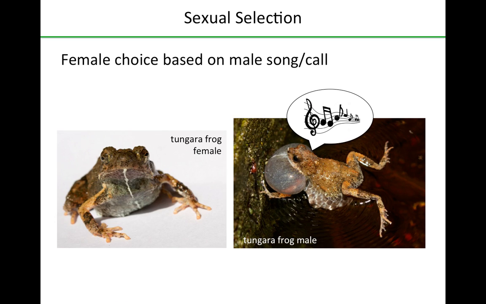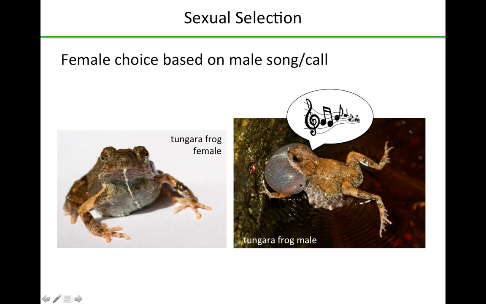Okay, and the other thing that we saw in the video with the birds, and that we also see with frogs, is that females can also use songs or calls that males perform in order to choose their mate. The Smithsonian article that I had you read for today's class was on the Tungara frog. This is a picture of the female over here on the left, and then the male who is in the process of doing his call to try to woo a female.